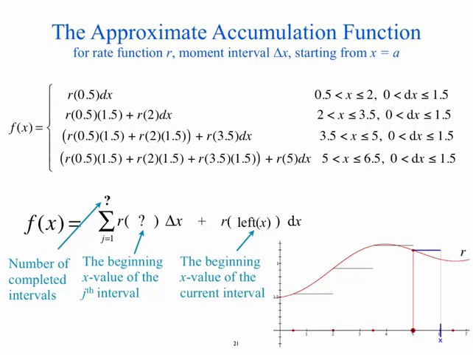It's only for the current interval. Left x does not apply to completed intervals. Left x is only one x value, and it's the beginning x value of the current interval. It's not all of the beginning values of all the intervals. It's only the current one.